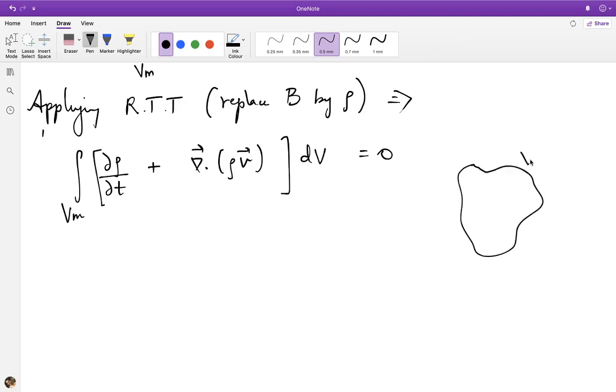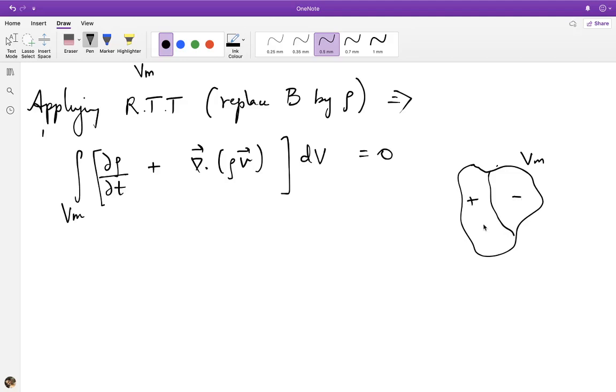So let's say this is my volume Vm. At any given time, for all times, I know that the integral of this quantity is 0. That can mean that either everywhere in the domain this integrand is identically 0, or it could be that in about half the volume it's positive, in the other portion it's negative, and the quantities are such that they cancel each other out.